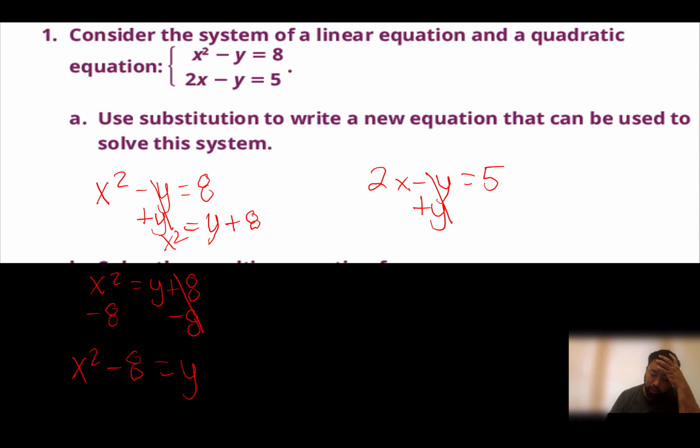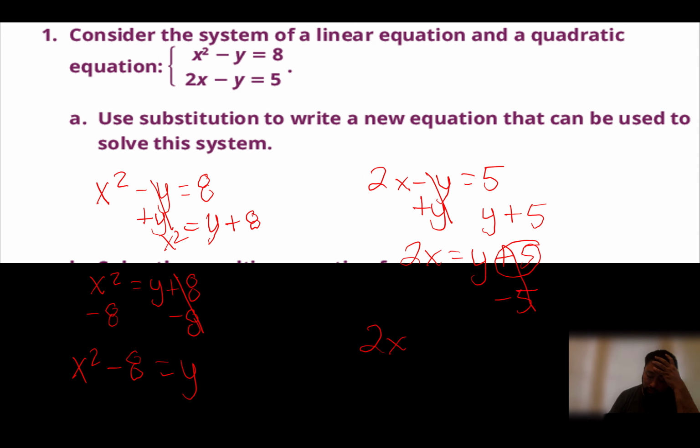You do it on one side, you do it to the other. So it will be 2x equals y plus 5. And we want to get y by itself, so we have to get rid of plus 5 by subtracting 5. 2x minus 5 equals y.